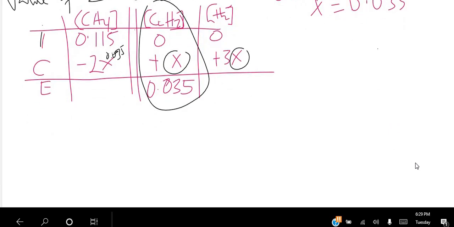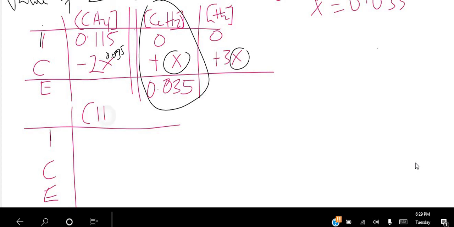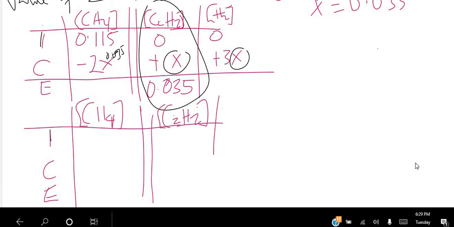So we have our ICE table to be, this is still CH4, and the C2H2, and our hydrogen, right?